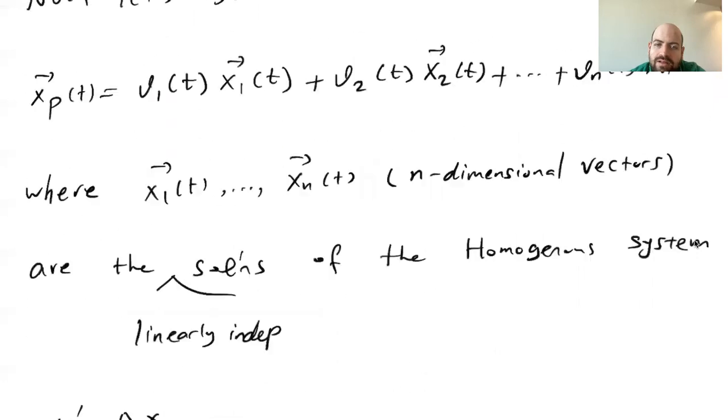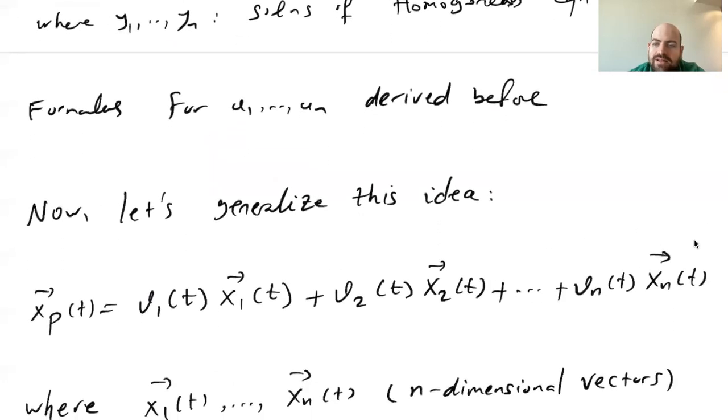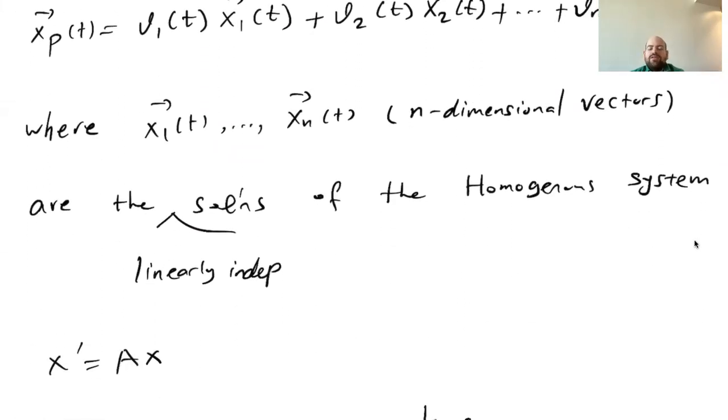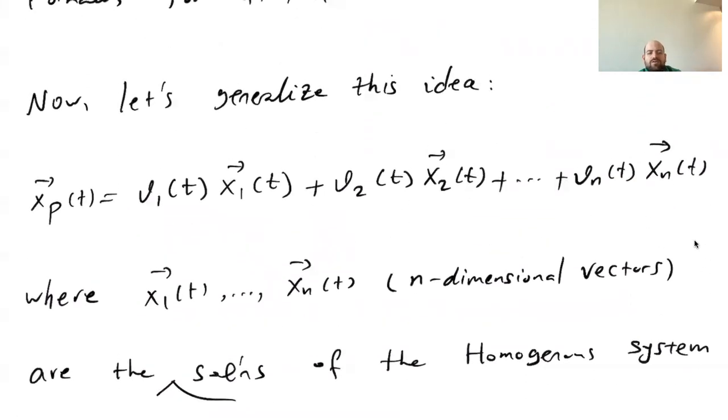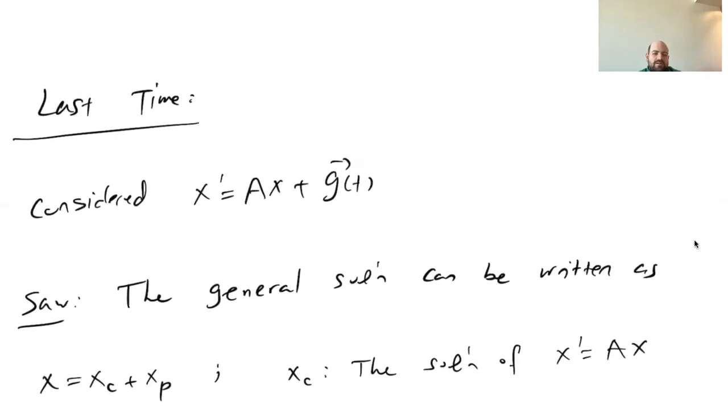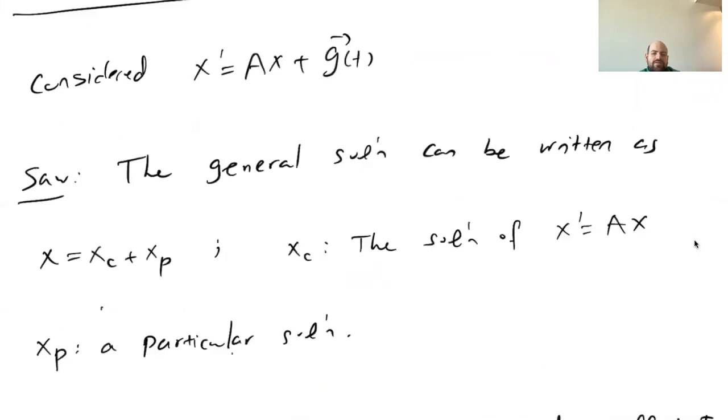Well, we already know x1 of t to xn of t. These are the linearly independent solutions of the homogeneous system. We already saw before how to find them. Now, the question is, how do we find v1 of t to vn of t so that this becomes a particular solution for our non-homogeneous system, x prime equals ax plus g of t?